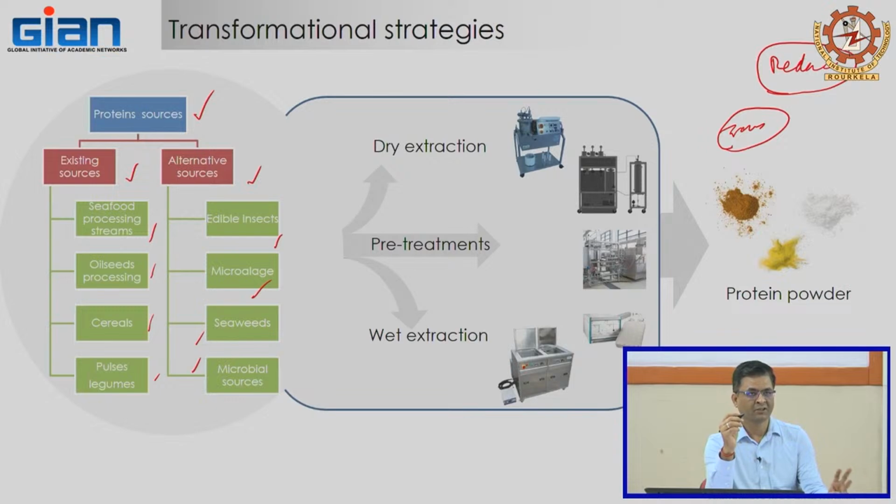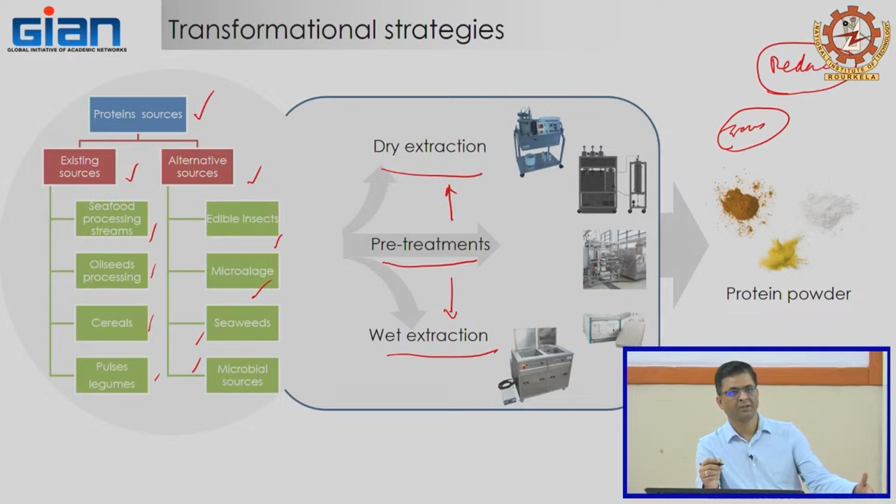There are only three ways of getting any ingredient. One is dry extraction, that means without using any liquid or water, you can call it a dry process. Then pre-treatment followed by dry extraction, and pre-treatment followed by wet extraction. That means giving ultrasonic treatment followed by a conventional method.